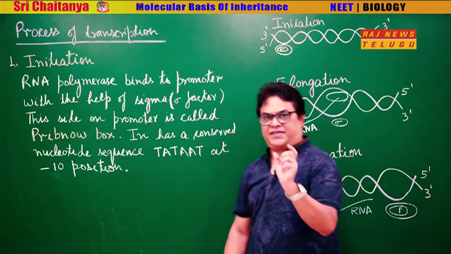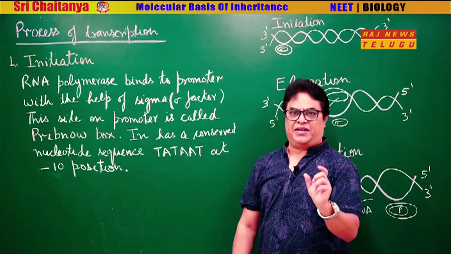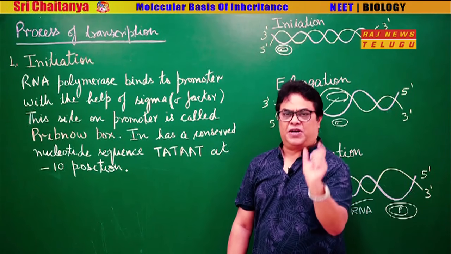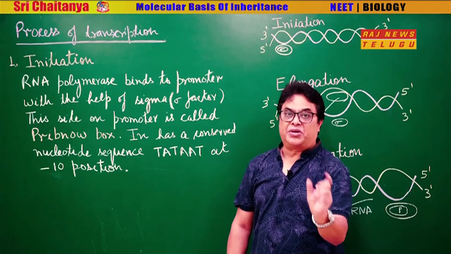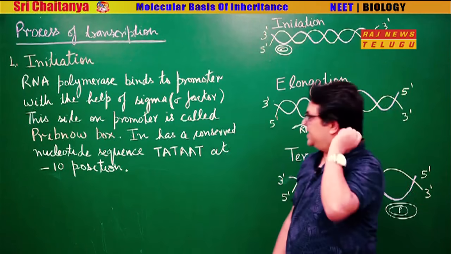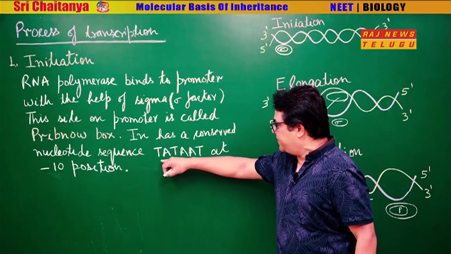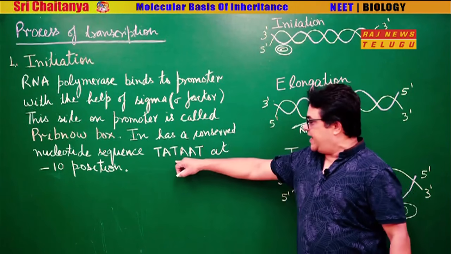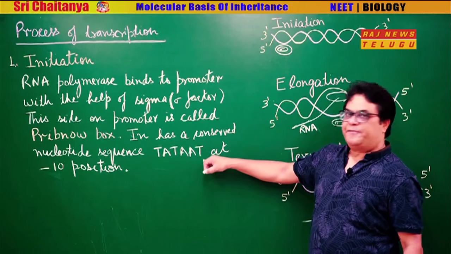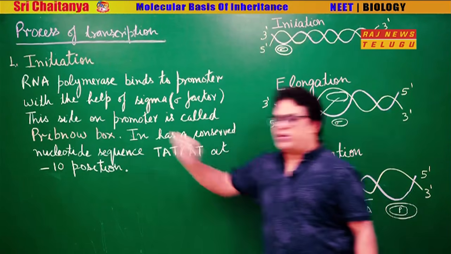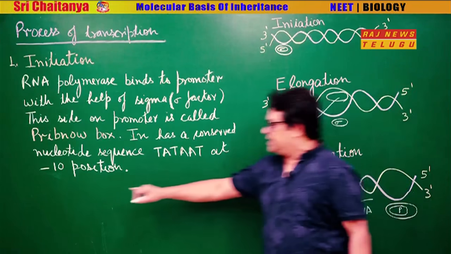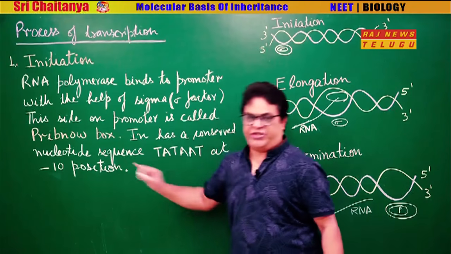So, with the help of sigma factor, the RNA polymerase enzyme binds to a specific site on the promoter, and this site in bacteria has a conserved sequence of nucleotides TATAAT called the Pribnow box, and it is at the -10 position.